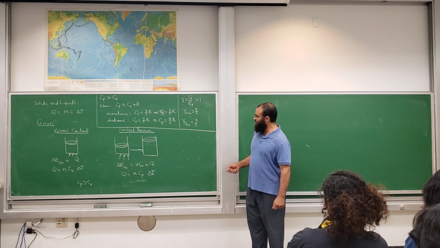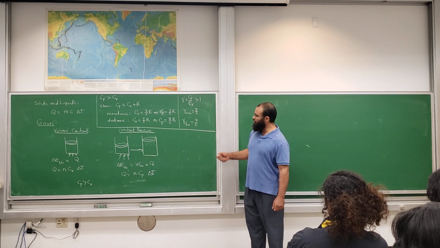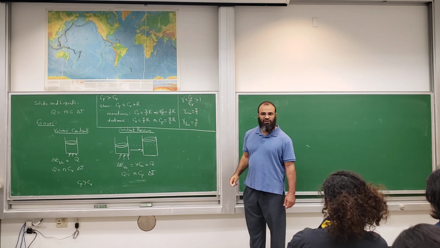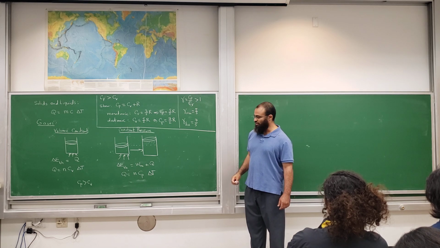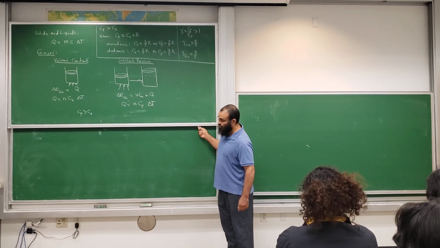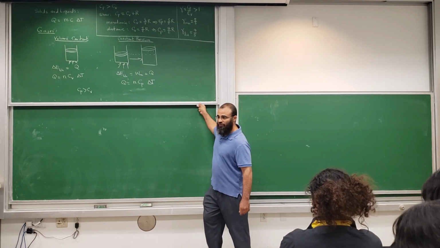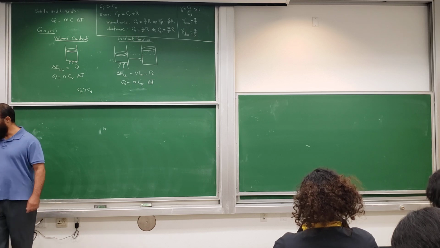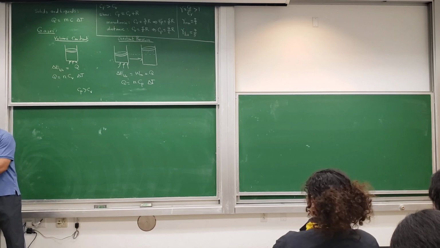Before I go to more theory, let's do the following example. I'm going to ask you intuitively what's going on, and then we'll solve it quantitatively. So consider a diatomic gas. The diatomic gas is initially at 20 degrees Celsius.